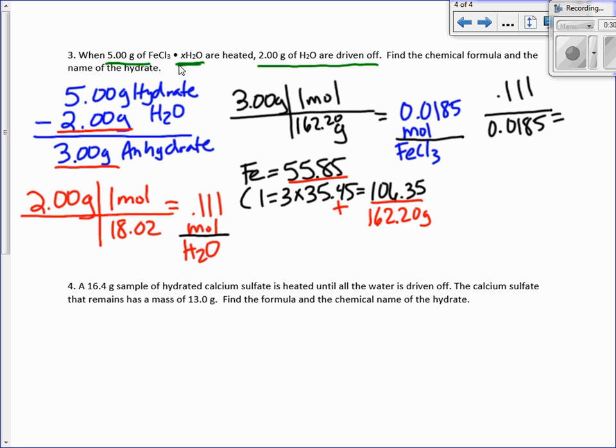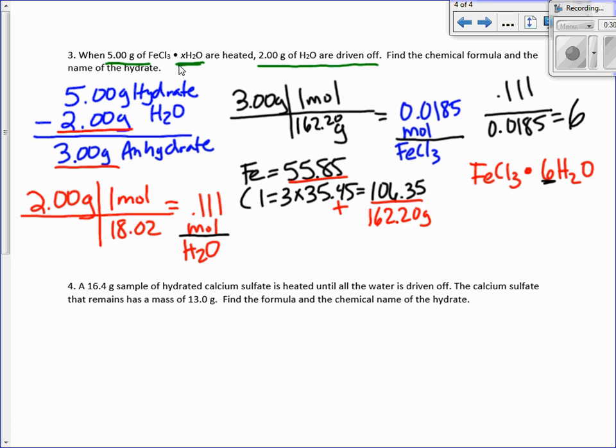Anyone? It is a 6. Good. So if I write the formula now, it's going to be FeCl3 with the dot 6 waters. So we found that number 6 here, right here, that number, that's what we found.